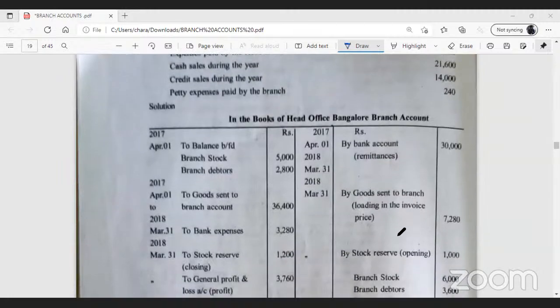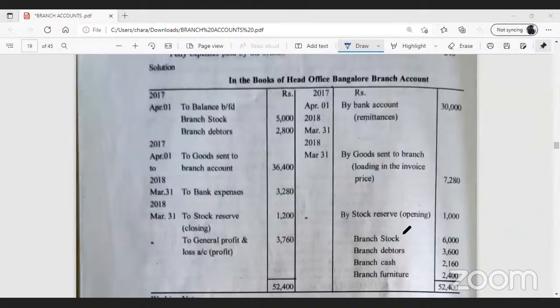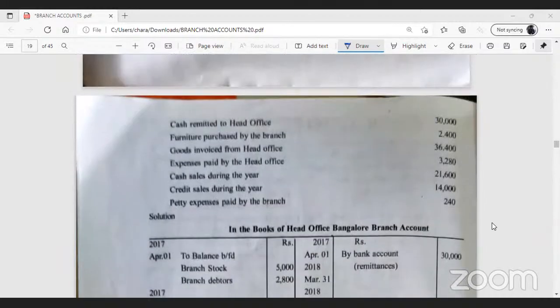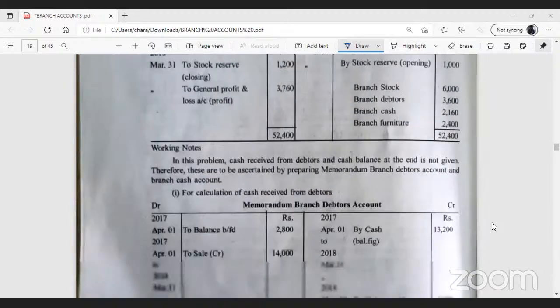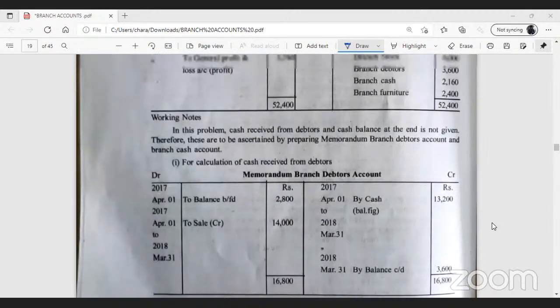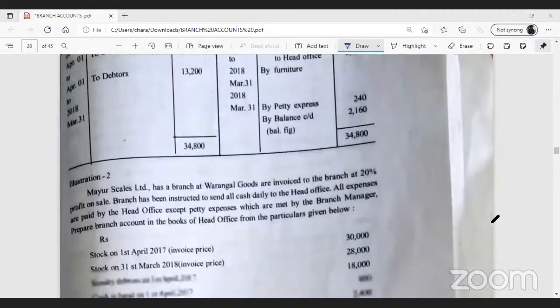It is almost the same here, a little bit like a consignment. Stock reserve will be there. If the total stock is not sold, that will be shown through the stock reserve account.